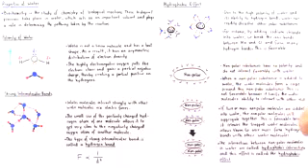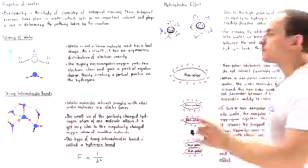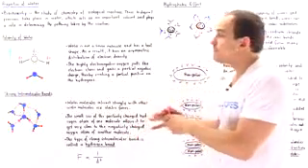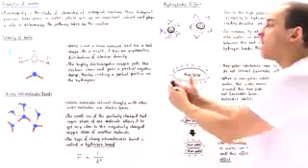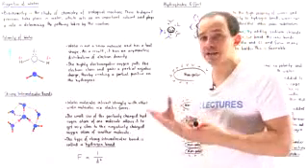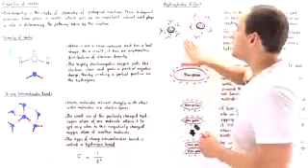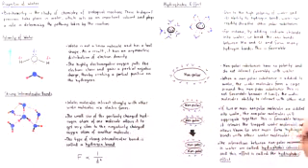So nonpolar substances have no polarity and do not interact favorably with water, because if they don't have an unequal separation of charge, that means they cannot form these relatively strong hydrogen bonds.